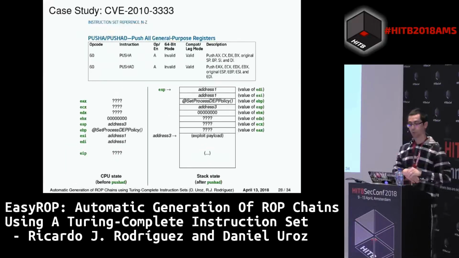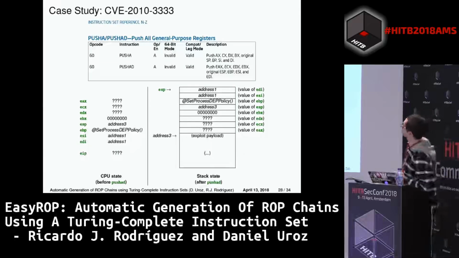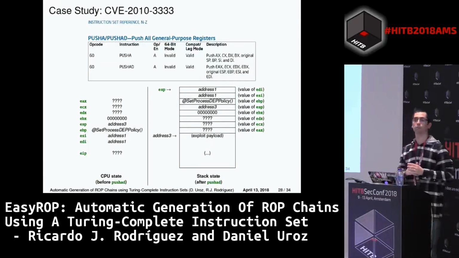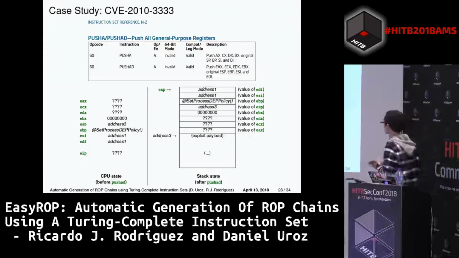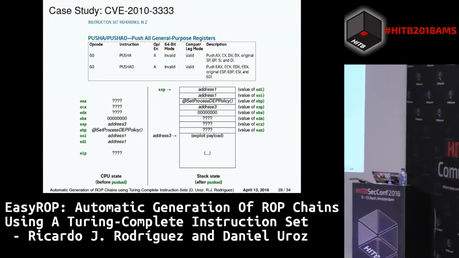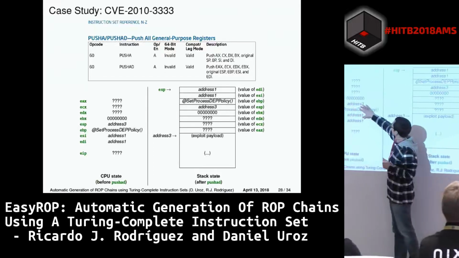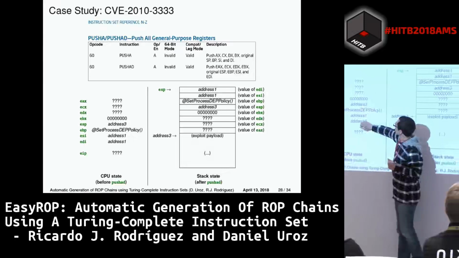I'm going to do it using the pushad instruction, an instruction from the Intel instruction set architecture that allows us to push every one of the registers onto the stack in this order. My ROP chain will need to set the registers in this way.